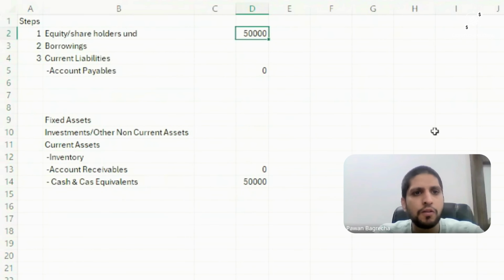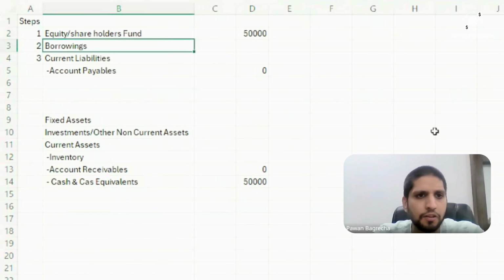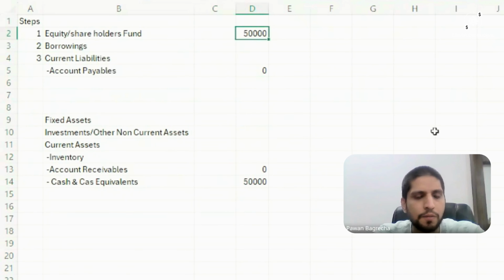Equity, or shareholders' fund, is majorly the fund of the owners. If it's a proprietorship firm, then it's for the proprietor. If it's a partnership firm, then all the partners' funds will be there. It will also include the profit and loss for the previous years and the current year.